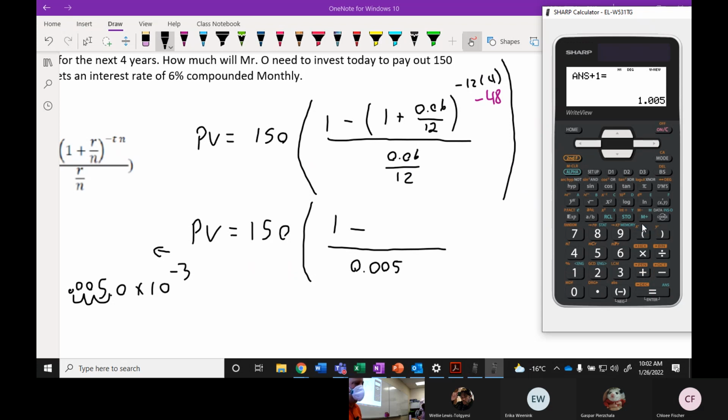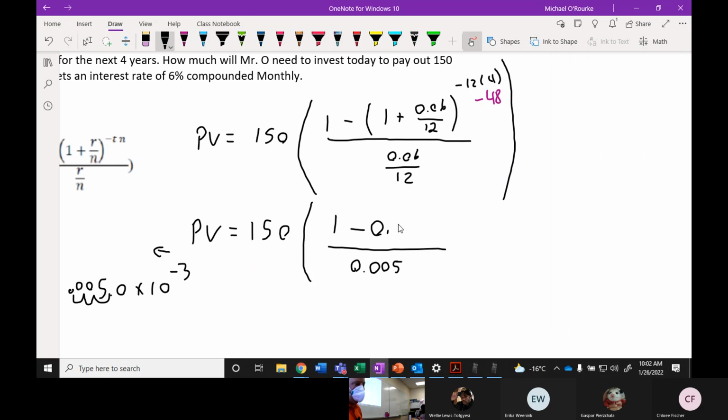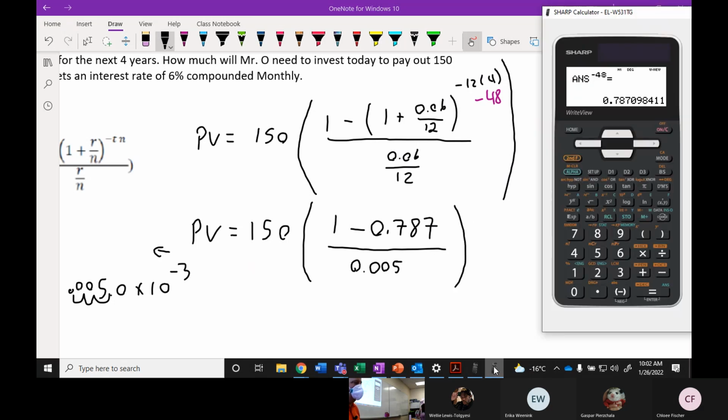Okay, to the power of negative 48. I got an error. So first thing I do is 0.06 divided by 12. Is this looking correct?